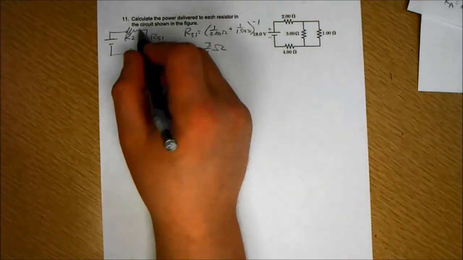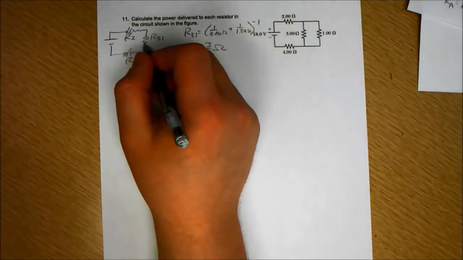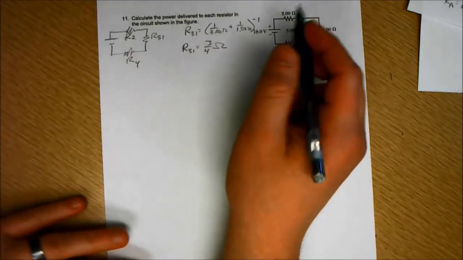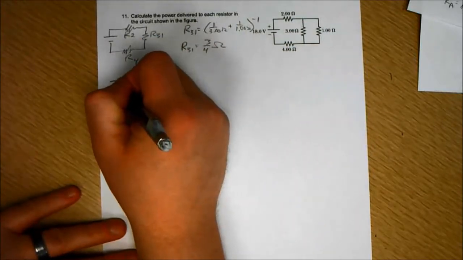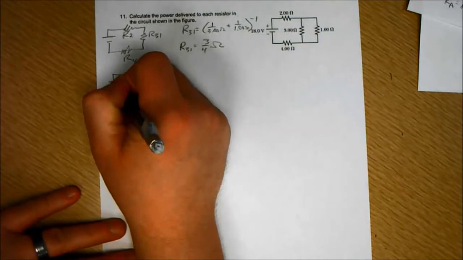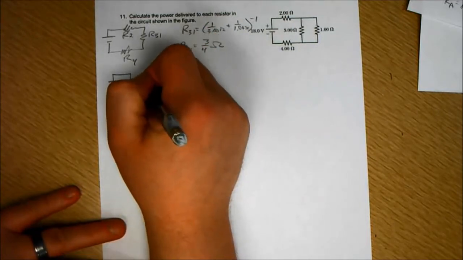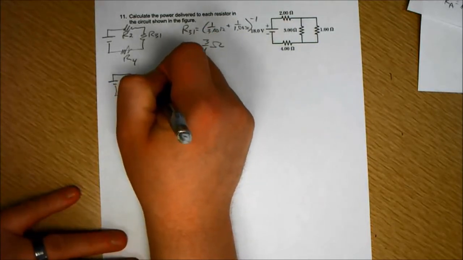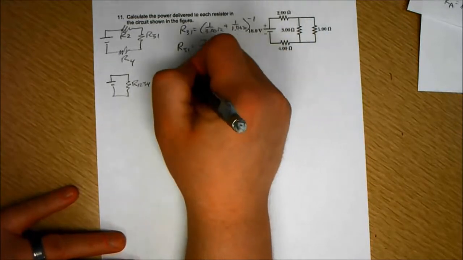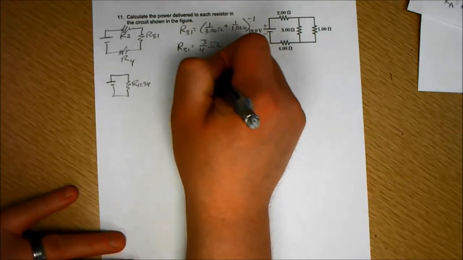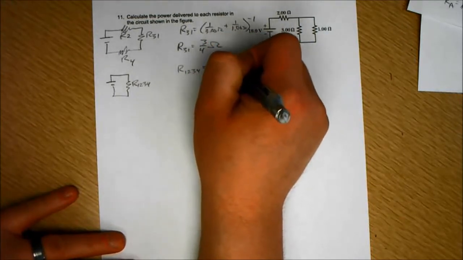Okay. Well, I can't find the voltage drop across that because I don't know what the current through it is. So in order to find the current, I'm going to have to combine all of these into one equivalent resistor. R1234 is just 2 ohms.